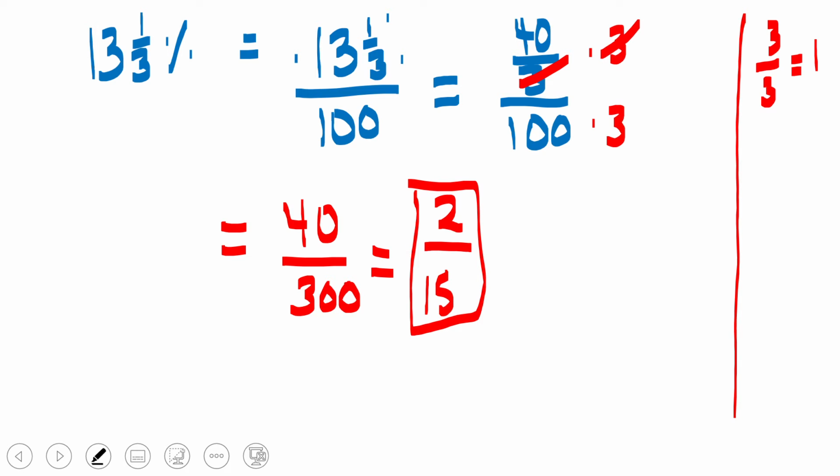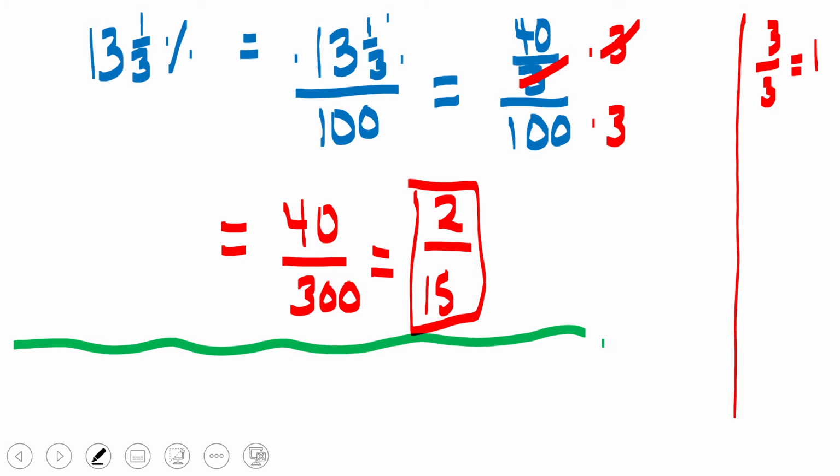That's our reduced fraction. The other way we can look at this, if I move to green and work again with the same idea above, we have 40/3 over 100.